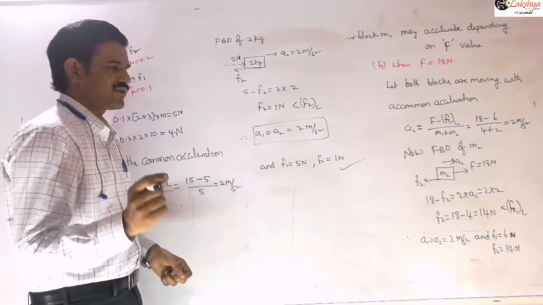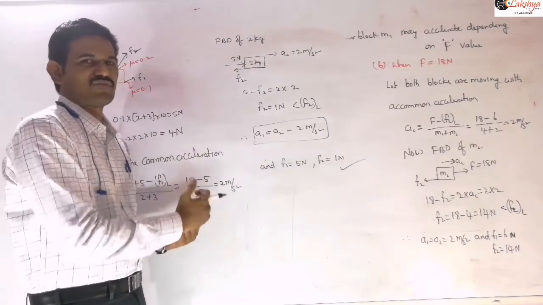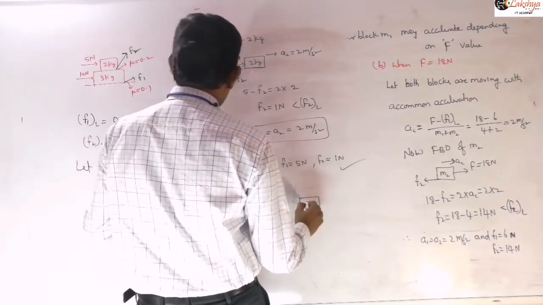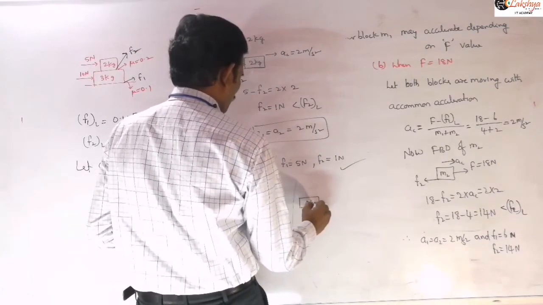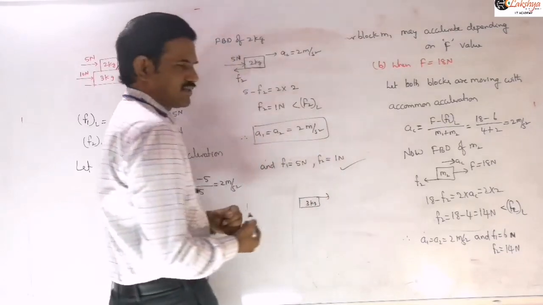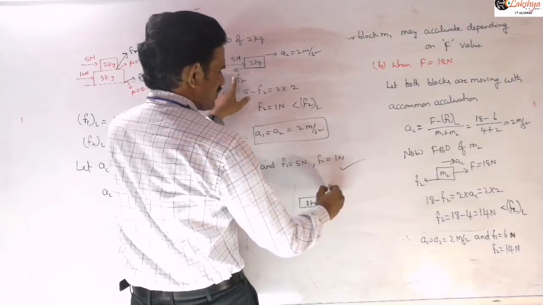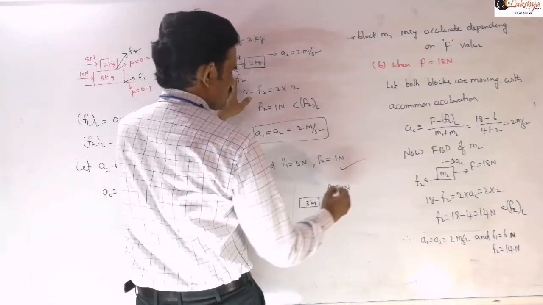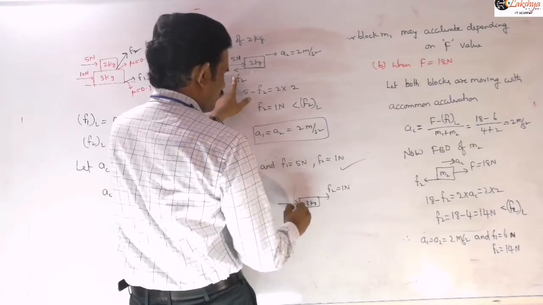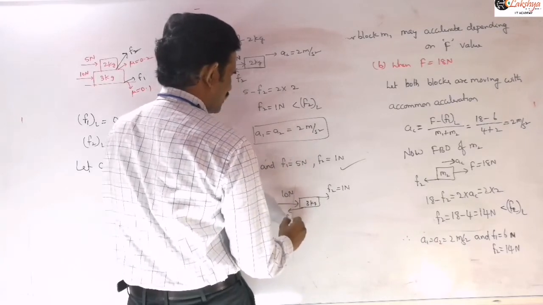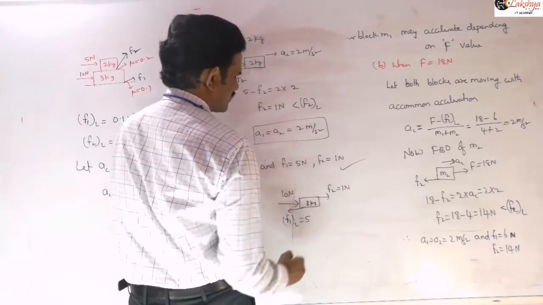Just for you to understand it clearly, I am verifying the acceleration for this M. So acceleration of this 3 kg block, if I verify, with this friction we should get it as 2 meter per second square. So now its reaction force F2 is acting along this direction, which is 1 Newton. And here the applied force is 10 Newtons along this direction. And here the limiting friction F1 limiting will be there, which is 5 Newtons.